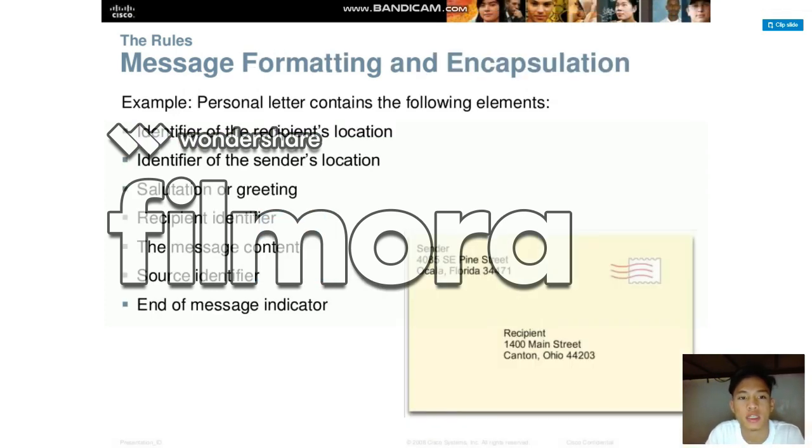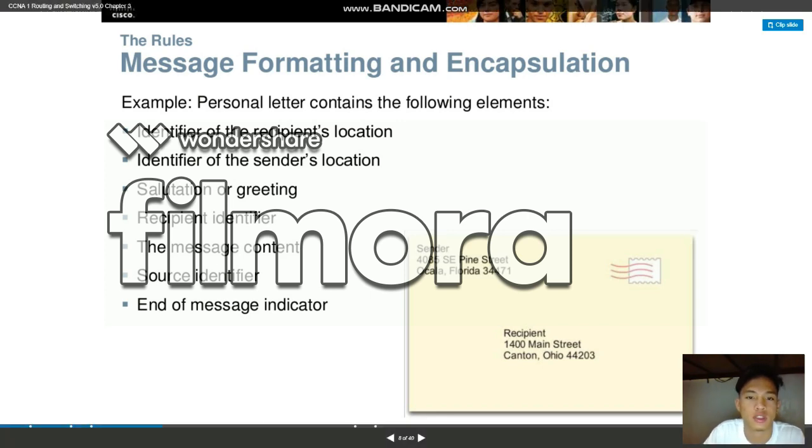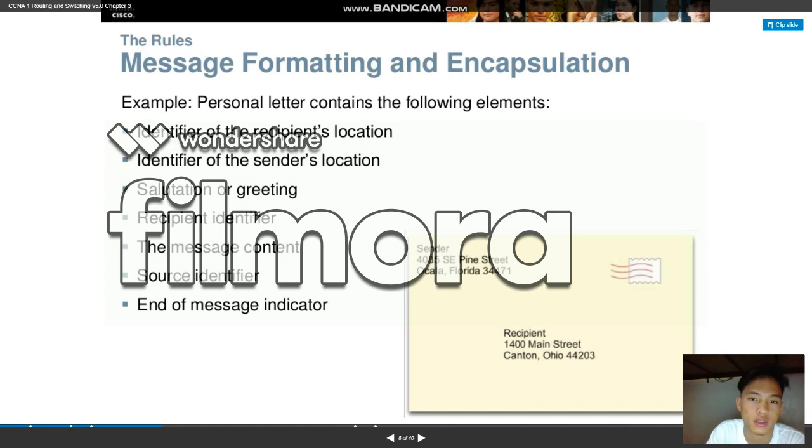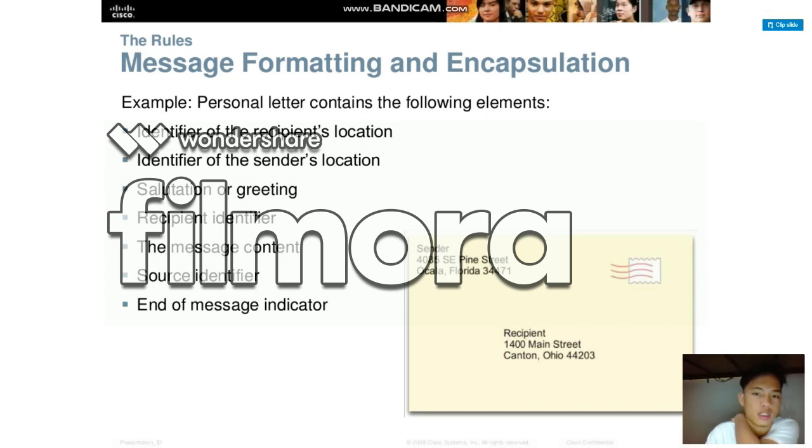Message formatting and encapsulation. So this is the explanation of the encapsulation of a message. For example, a personal letter contains the following elements: identifier of the recipient's location, identifier of the sender's location, salutation or greeting, recipient identifier, the message content, source identifier, and the end of message.